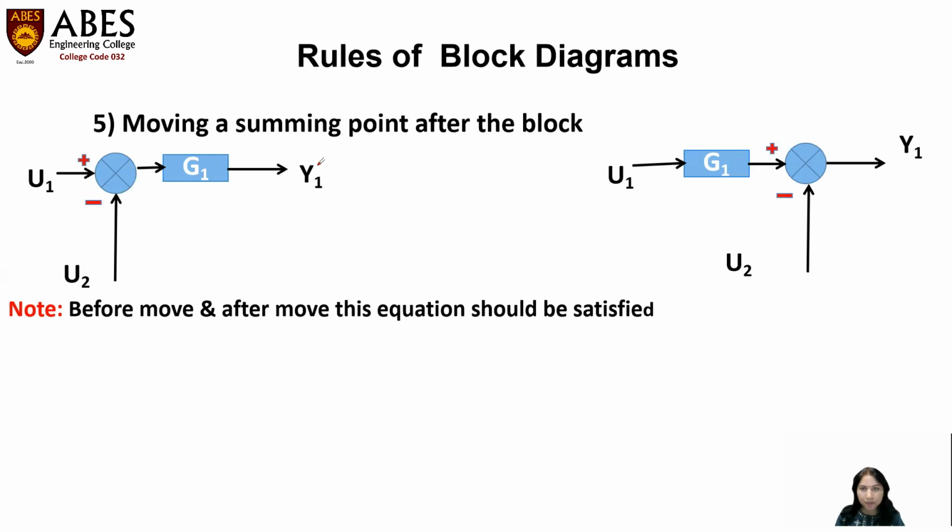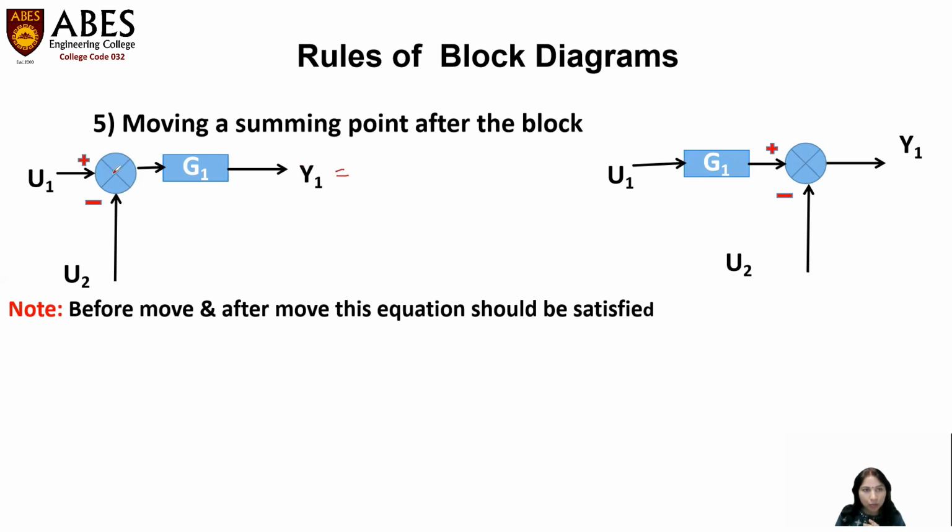Again the same condition will apply while doing the movement. Before the movement and after the movement, the value of this signal should remain the same, right? So just check, what is the value of y1 here?